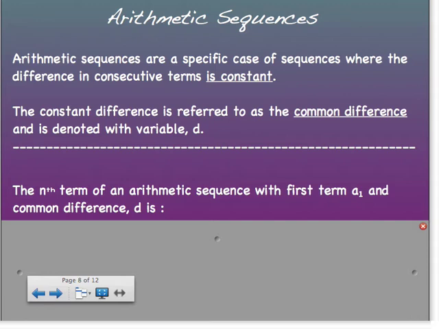So in general, the nth term, remember we talked about the nth term. The nth term is whatever term I want out there in the future, whether it's the 10th term, the 20th term, the 25th term, the 100th term.